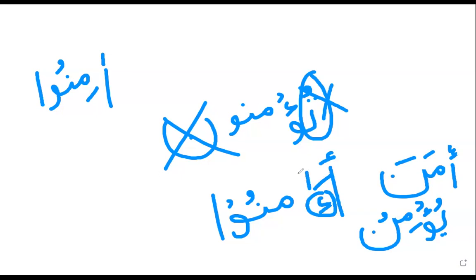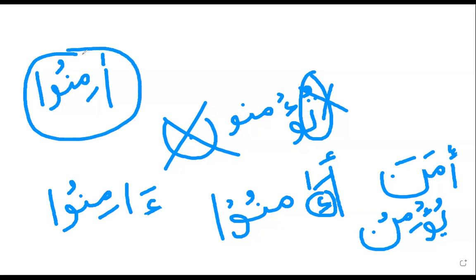So you can write it like this, or you can write it like this, or you can put a mud here, whatever. There are different ways to write it, but you always read it two counts. You make it a mud letter. You change the second Hamza into Alif. Is this clear?